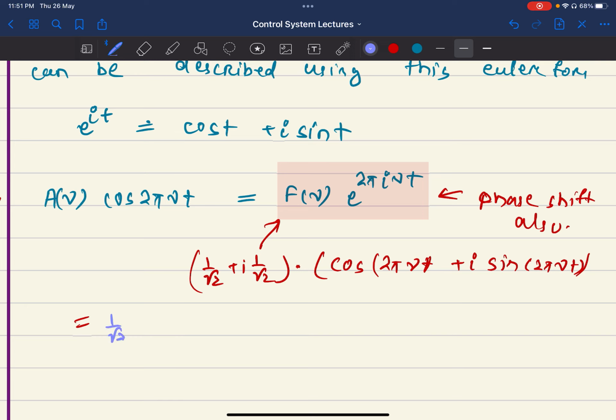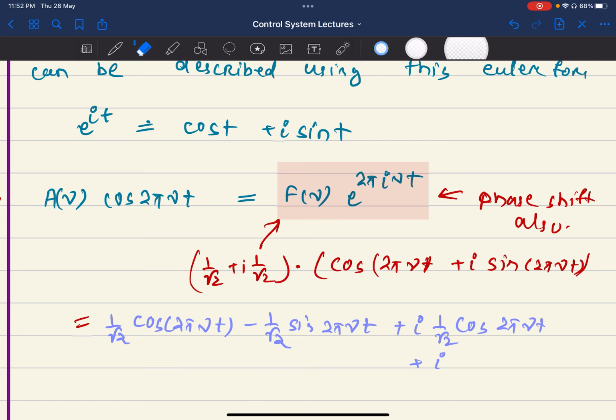It's 1 by root 2 cos 2 pi nu t minus 1 by root 2 sin 2 pi nu t plus I into 1 by root 2 cos 2 pi nu t plus I into 1 by root 2 sin 2 pi nu t.